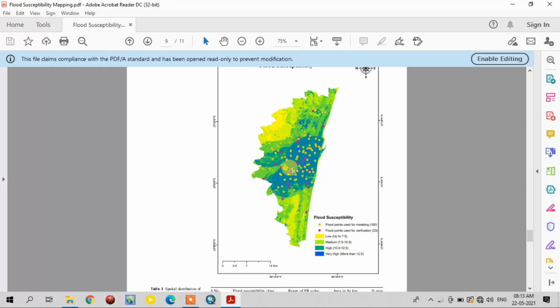Dark blue indicates very high flood events, and light blue indicates high flood events. Green indicates medium, and yellow is low. There are no very low areas in this zone.